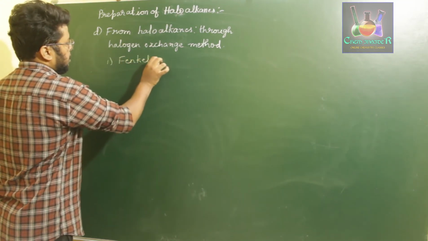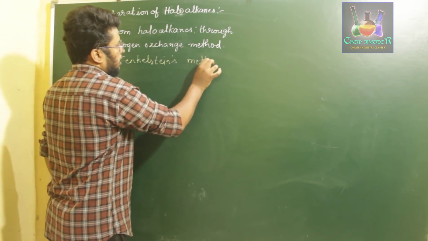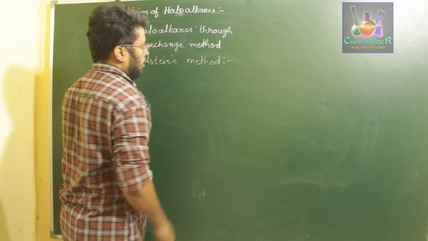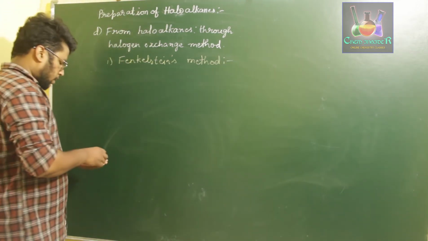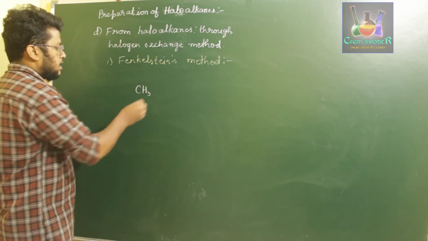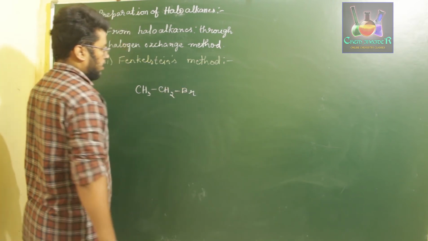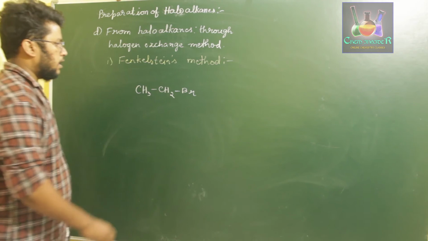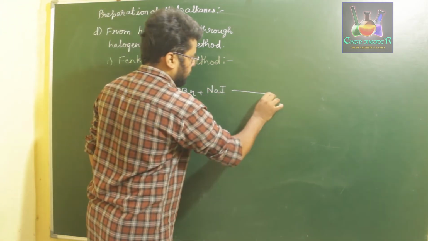So this Finkelstein's method involves treating our chloroalkane or bromoalkane with sodium iodide. Let us directly take our example, CH3CH2Br. When we treat CH3CH2Br with sodium iodide in presence of acetone.